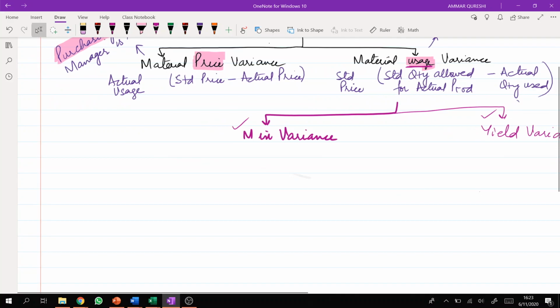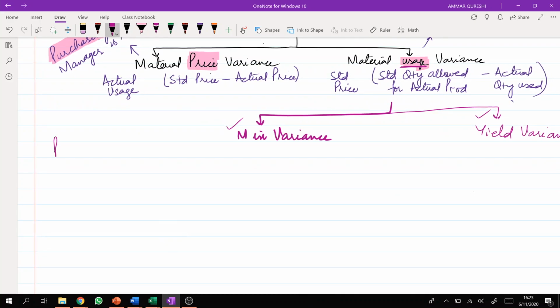For example, there is product A which requires only one ingredient in its manufacturing. In that case, there will be no material mix variance and no material yield variance, because mix variance is related with how efficiently you are mixing two or three different types of raw material with each other in order to produce the output.